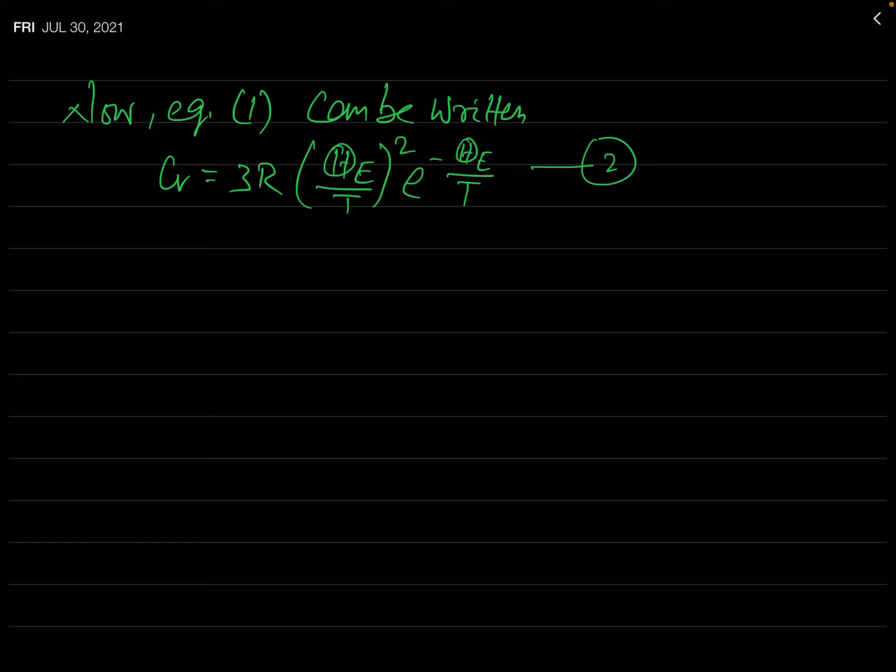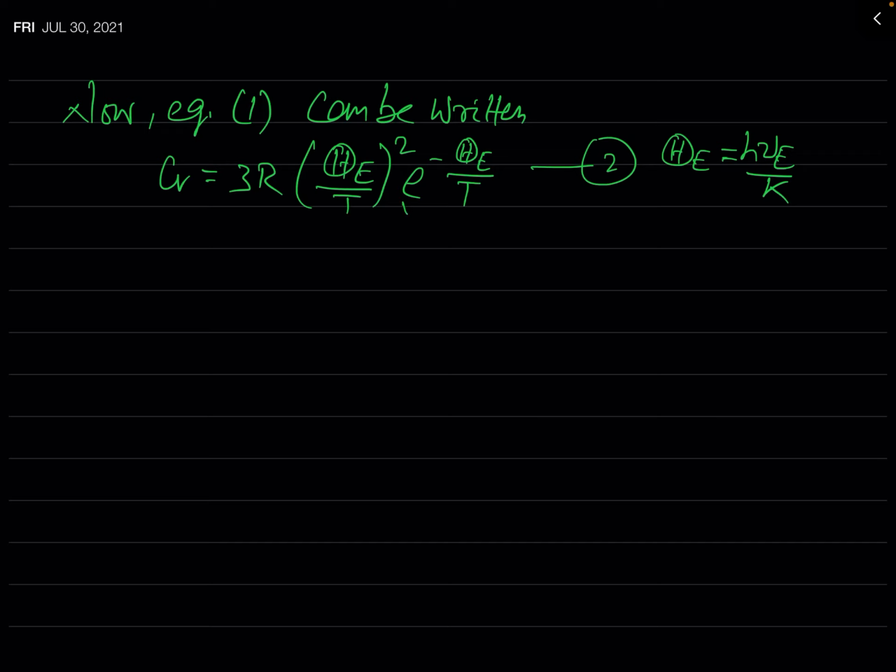Actually here you can see that this theta is what? This is called Einstein's temperature, we have seen, and this is defined as h nu E over k. And actually this nu E is known as Einstein's frequency.